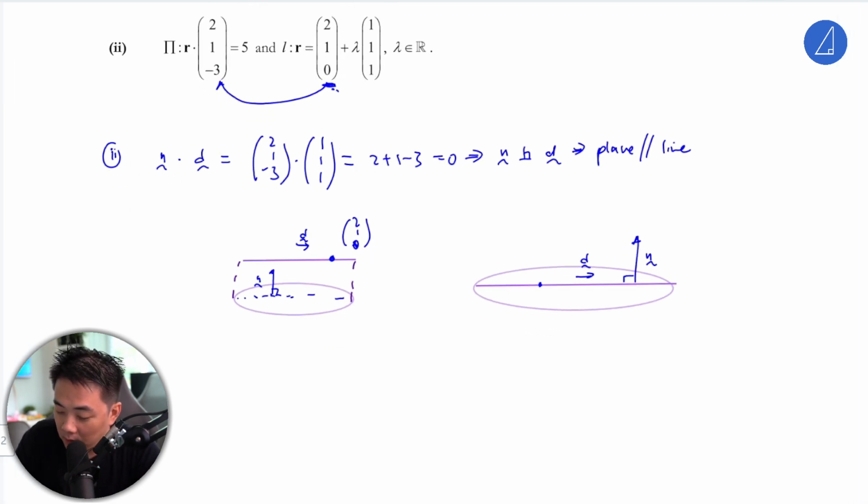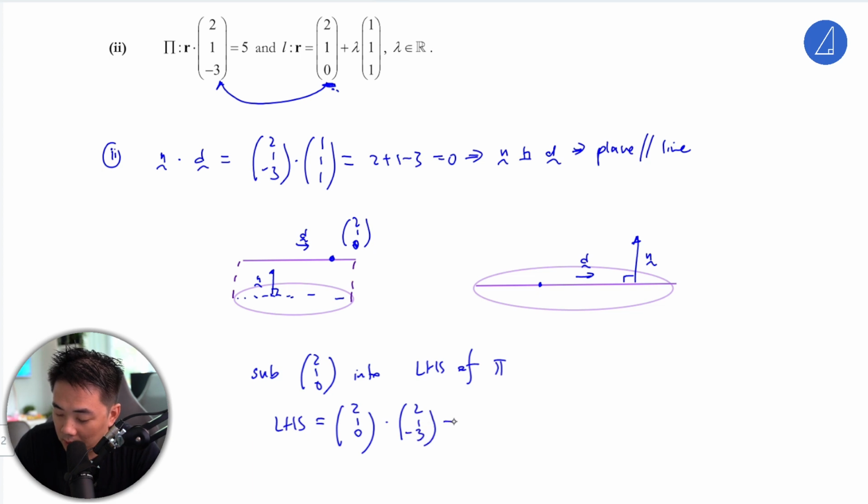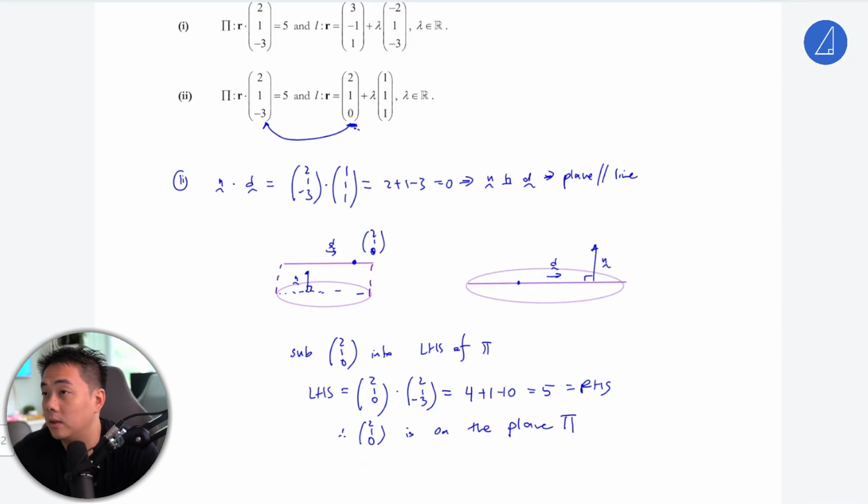So I'm going to substitute 2, 1, 0 into the left hand side of the plane. So 2, 1, 0 dot with 2, 1, minus 3 equals 4 plus 1 plus 0, which equals 5, which equals the right hand side. So hence 2, 1, 0 is on the plane pi.